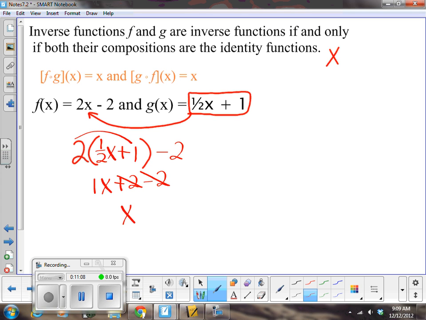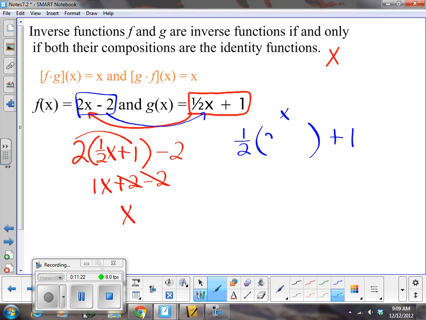So I'm going to do it the reverse way. I'm going to take this function right here, and I'm going to plug it into that x right there. And so it will look like this. 1/2, here's where my x was, plus 1. I'm going to plug in 2x minus 2 and do the distributive property. So, what is 1/2 of 2?